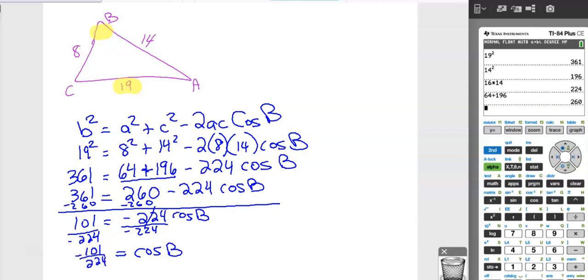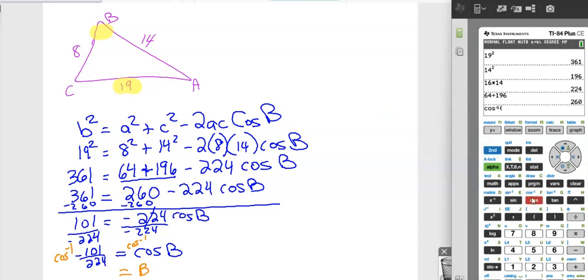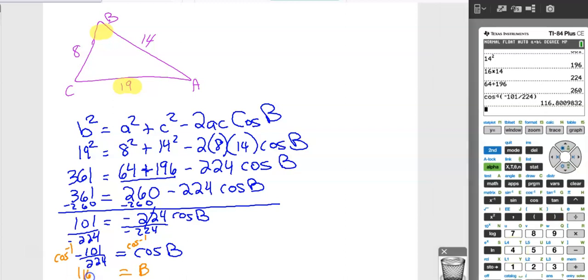And I need to solve for angle B, so I'm going to use the inverse cosine of both sides, and that's going to give me angle B. Make sure you're in degree mode, and I'm going to do the inverse cosine of negative 101 divided by 224. I'm going to get 116 degrees. That's going to find my angle B.